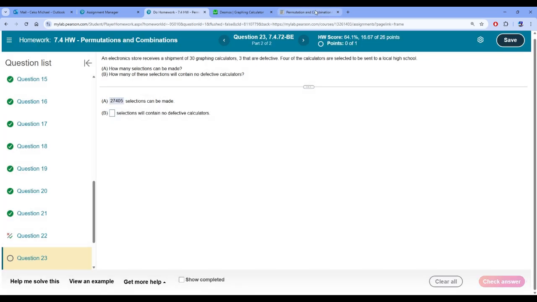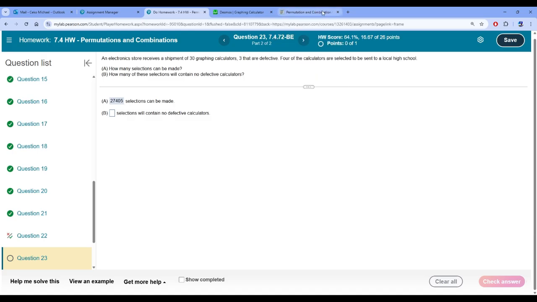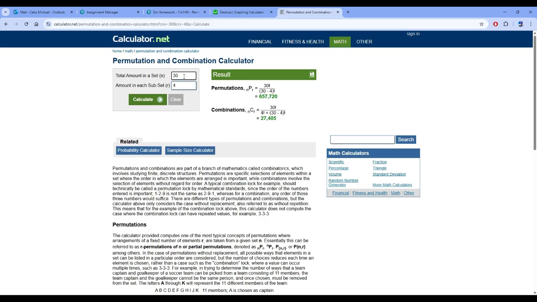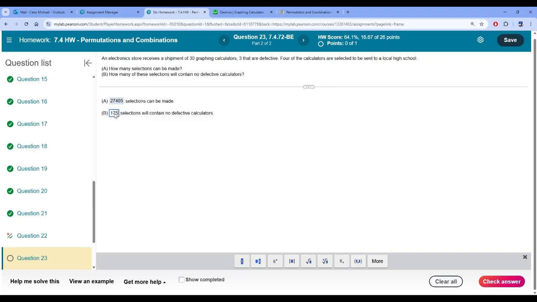With no defective, selections will contain no defective, so that should be 17,550. 17,550.